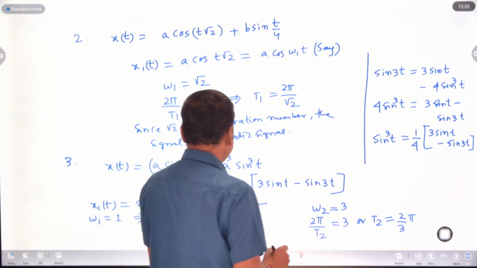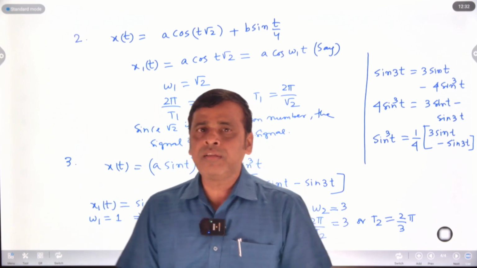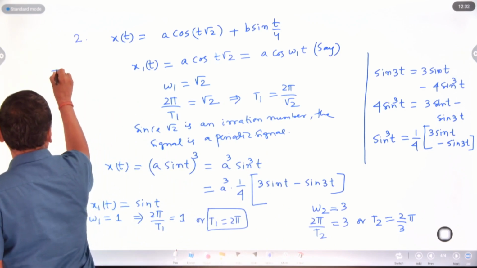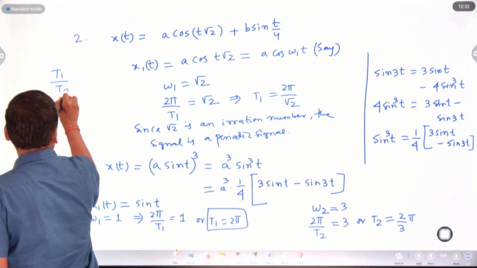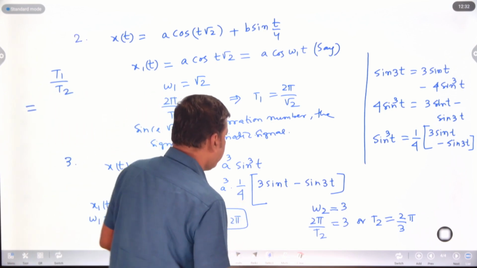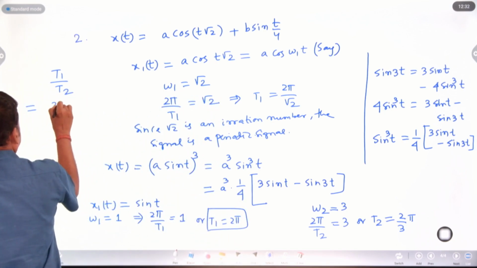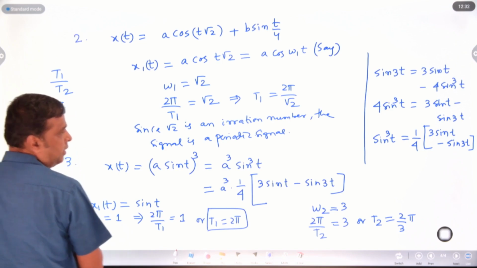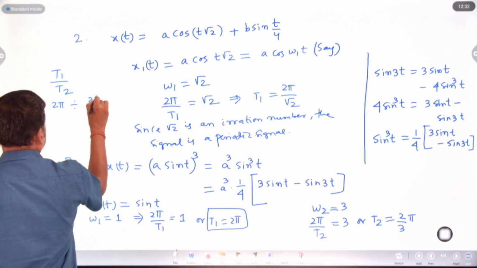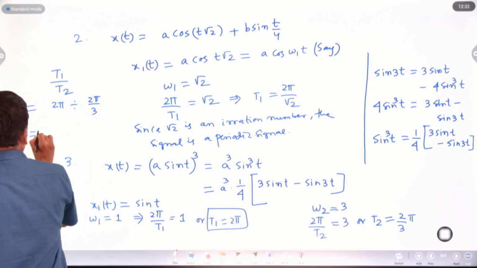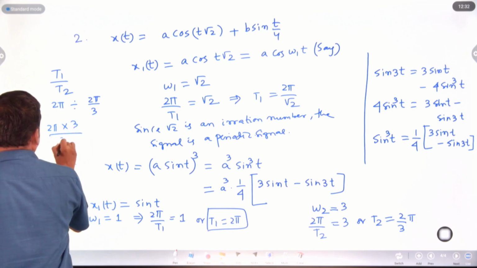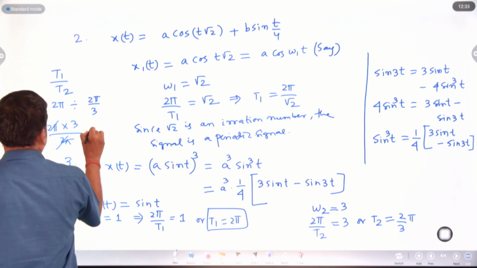If t1 by t2 is a rational number, we can say that the signal is periodic. So t1 by t2 is 2 pi divided by 2 pi by 3, which equals 2 pi into 3 by 2 pi, so that is 3.